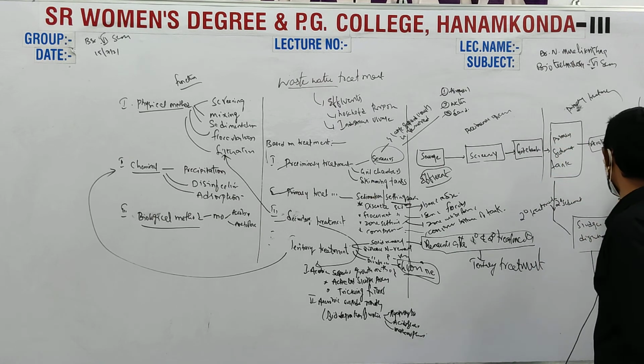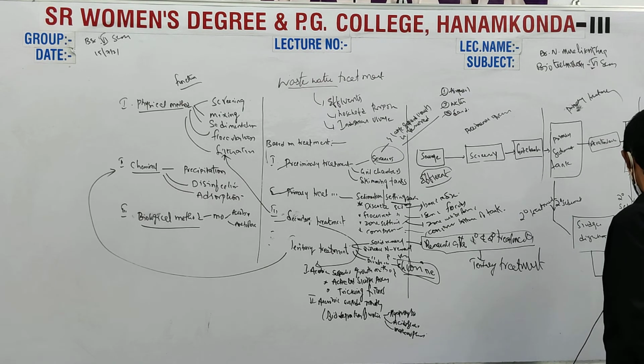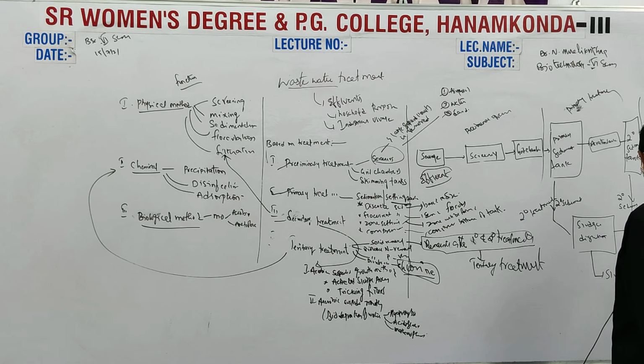The treated water from tertiary treatment is left over to the water flow that is used for agriculture or domestic purposes.